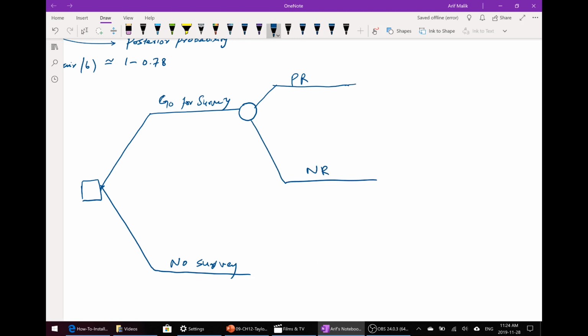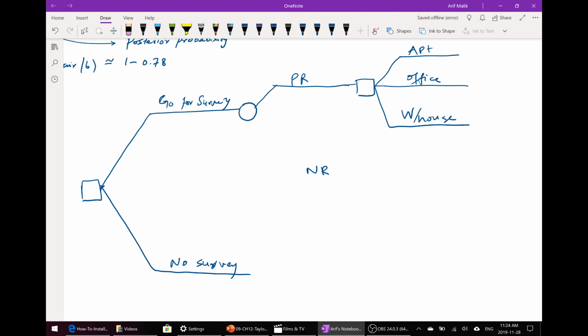Then the second decision to make is whether to invest in apartment building, office, or warehouse. And here again we have three decisions.